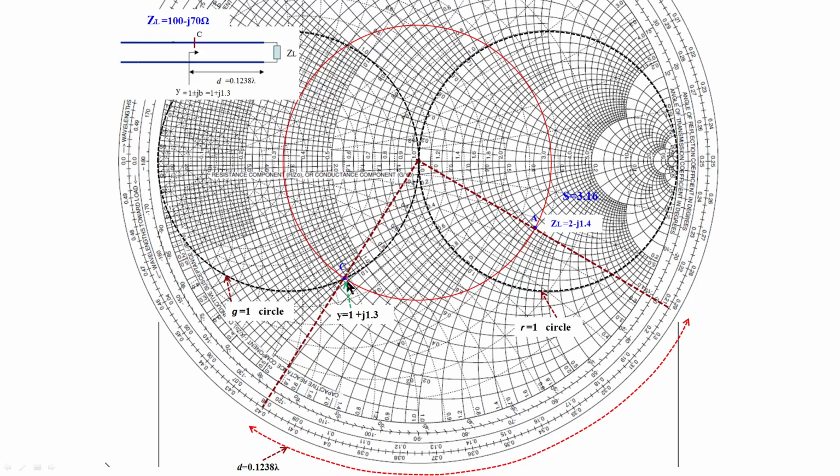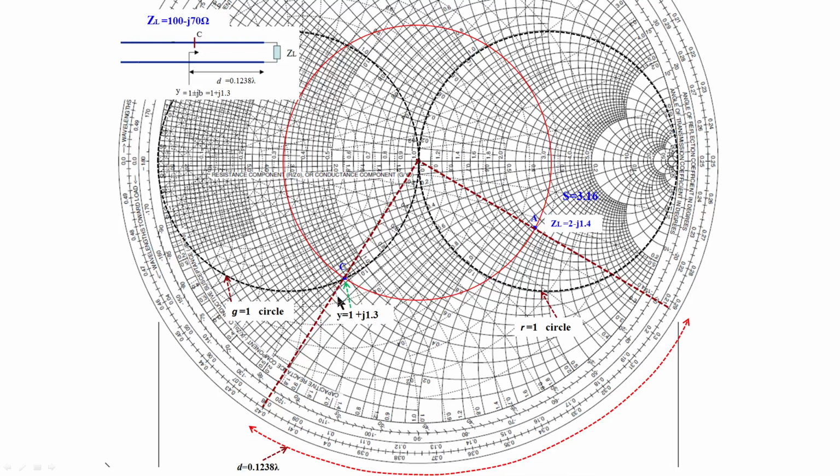Read the susceptance value. I took 1.3 here, because you see this is a susceptance circle, but this susceptance circle is not passing through this point. Similarly, this one is also not passing.